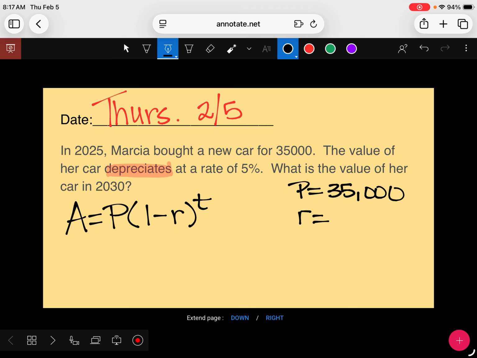So 5% as a decimal would be 0.05. And T is how much time passes between the years 2025 and 2030. So how much time passes between 2030 and 2025?